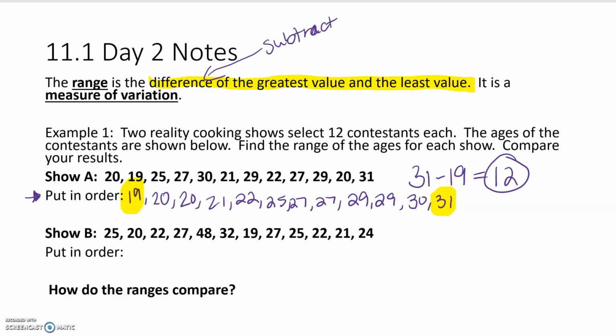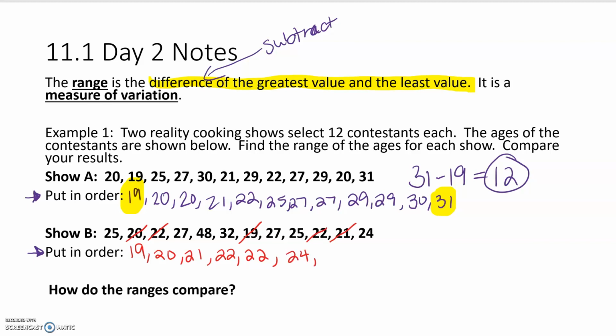Okay, for show B, I'm going to do the same thing. Remember, this will come in handy later, is to put them in order. So I'm going to go ahead and put these contestants in order as well, starting with my youngest, that's 19. And then I'm going to have a 20-year-old, 21-year-old. These are all contestants on their cooking show. I see 22 twice, so we have 2 of those.